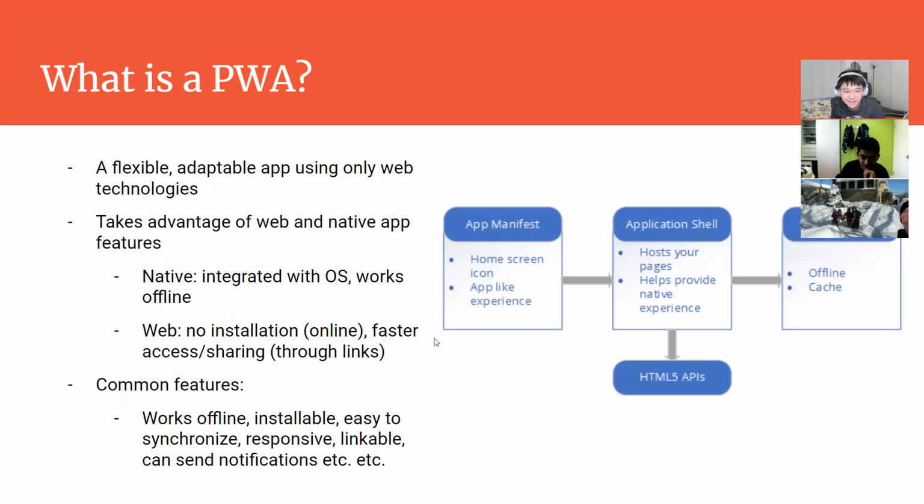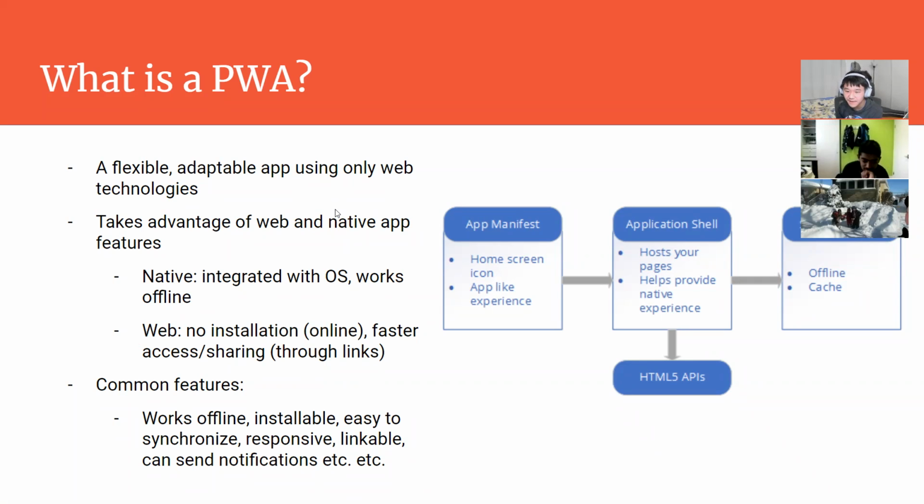All right. So first of all, what is a PWA actually? It's basically a flexible, adaptable app using only web technologies. So the only things you code with are browser stuff and your server stuff.